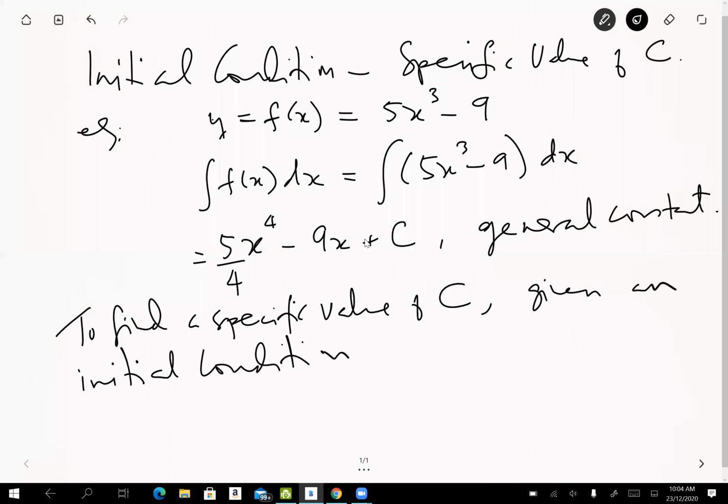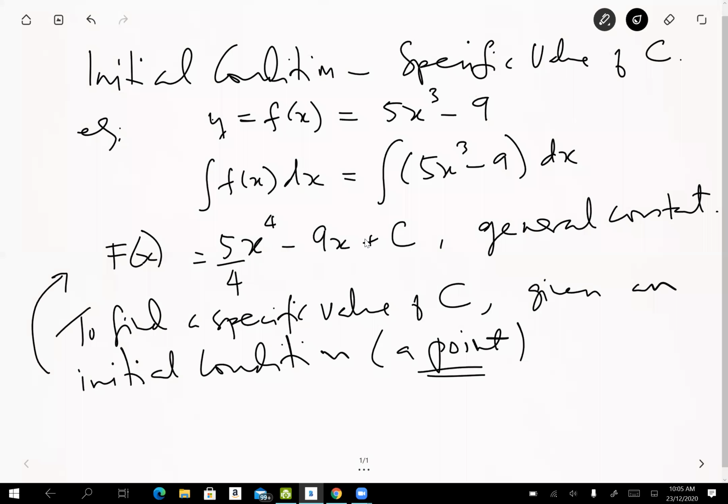In other words, you're given a point on that function. We call this the integral of the function, f of x. So given a point, you find the value of C.